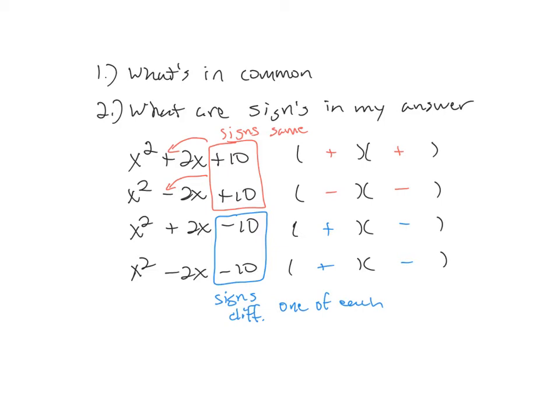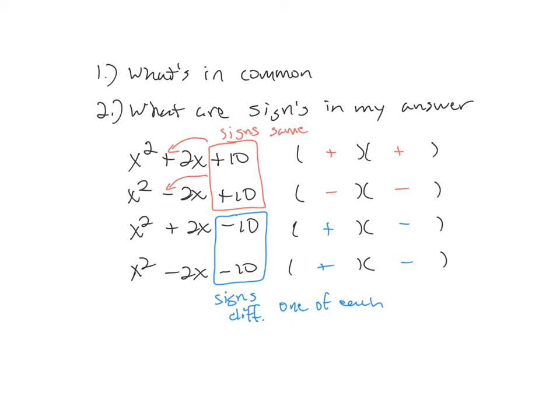But it truly does not matter. You don't even need to look at the other sign. The other sign comes into play later, but not to determine what the signs are going to be. Okay, so last term positive means the signs are the same. Last term negative means the signs are different. When they're the same, how do you know which one to use? Look at the other number. Okay, so that's a big step.